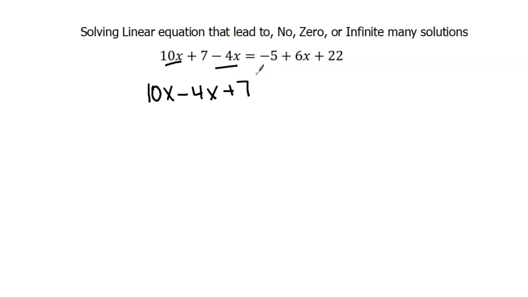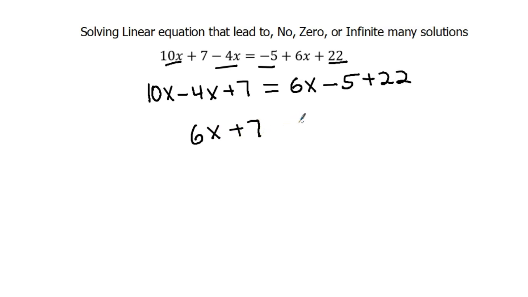We didn't take it across the equal sign, so the signs remain the same. Here too we have constants, so let's bring them together. So let's write our variable 6x, and then minus 5 plus 22. This gives us 6x plus 7 equals 6x plus 17.